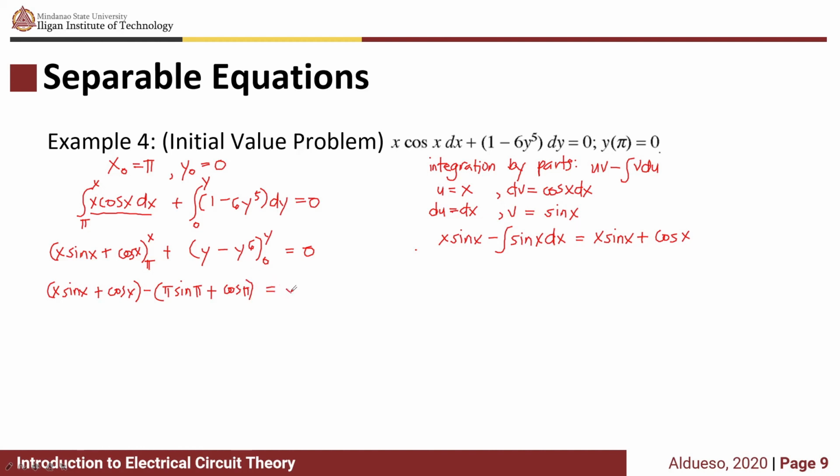We have y to the 6th minus y. Sine of pi is equal to 0, and cosine of pi is negative 1. We have x sine of x plus cosine of x plus 1 equal to y to the 6th minus y. We have our final answer.